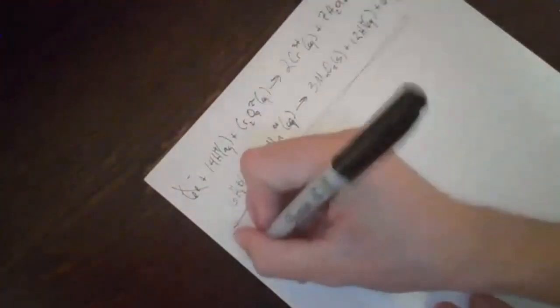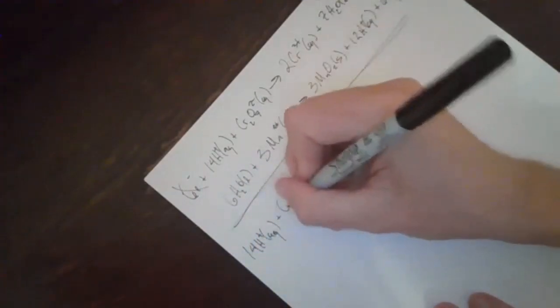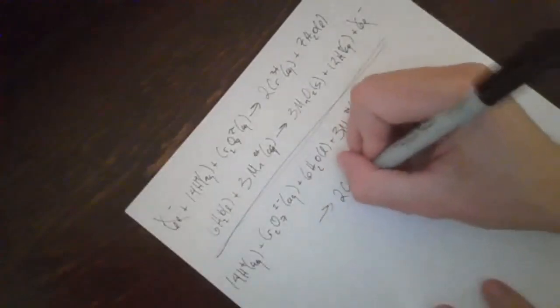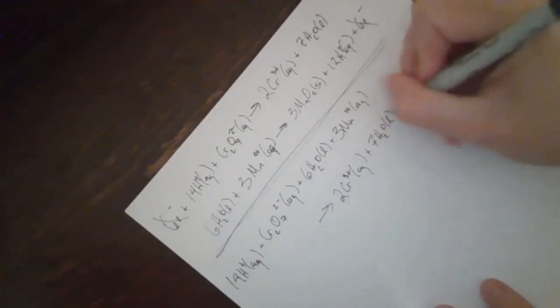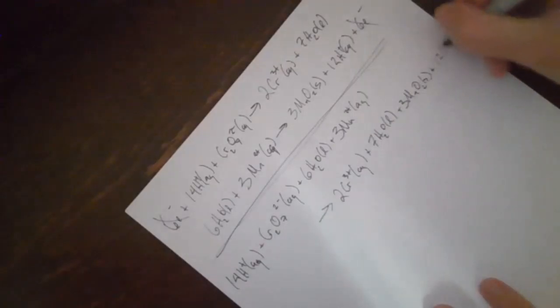So add them together. H+, Cr2O7 2- plus 6 H2O liquid plus 3 Mn2+ aqueous becomes Cr3+ plus the 7 H2O liquid plus 3 MnO2 solid plus 12 H+ aqueous.